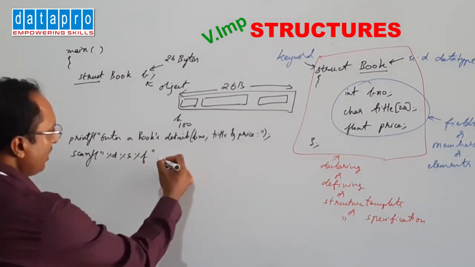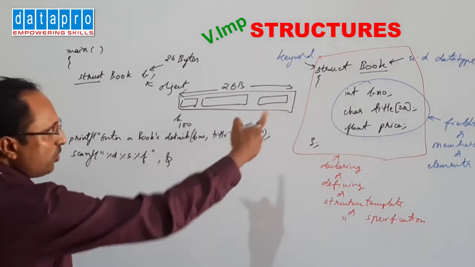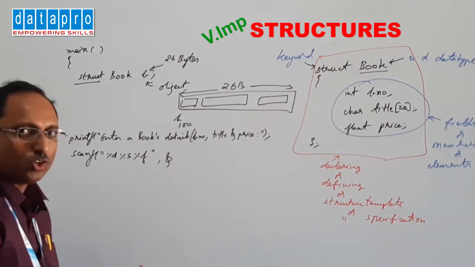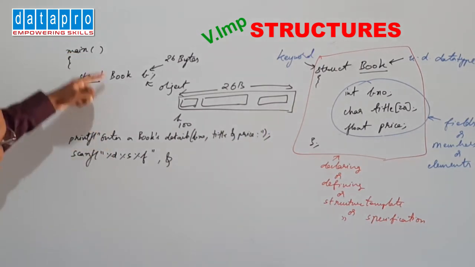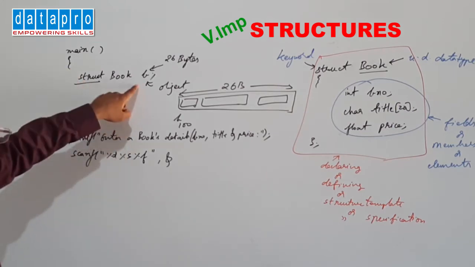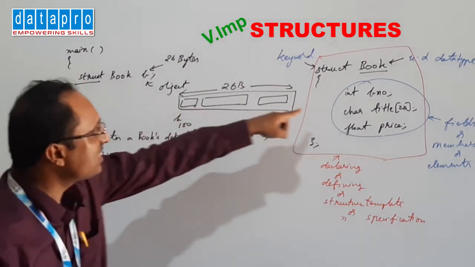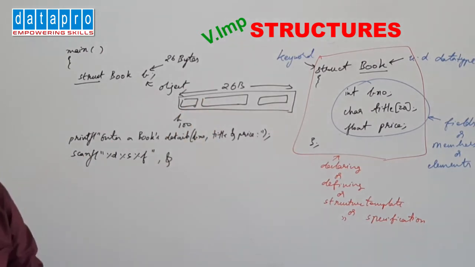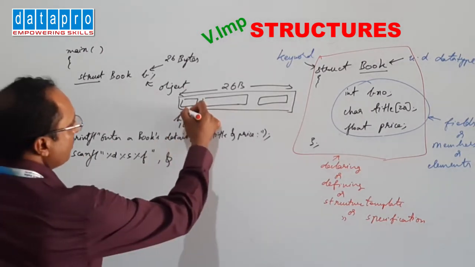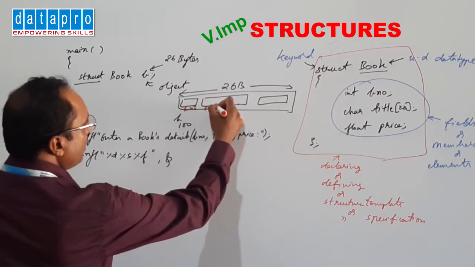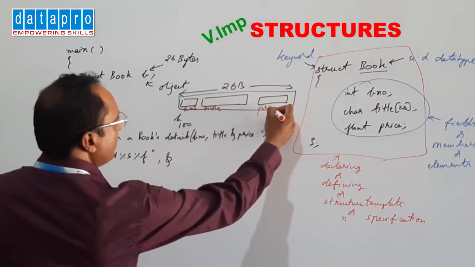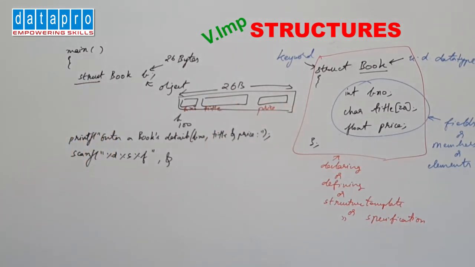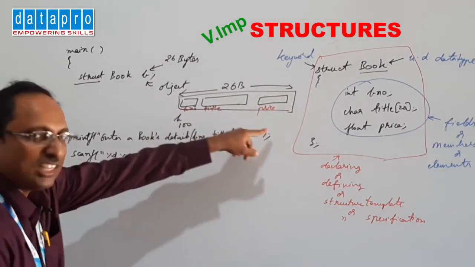Then how do you read it? Address of, can we say book number, then title, then price? No, because inside the main function there are no such variables. We have only b. So via b we have to access all these variables. So this is book number part, this is title part, and this is price part.